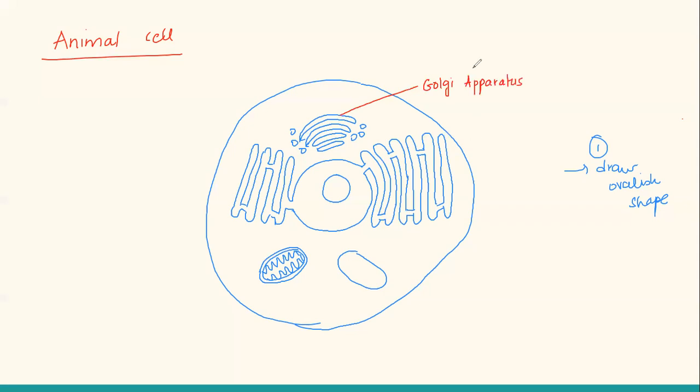Or Golgi body or Golgi complex. Right. Then this is our nucleus. Actually, nucleus also you can make one more membrane inside because nucleus also has nuclear membrane. If possible, you can. I'll let it. It's good enough.